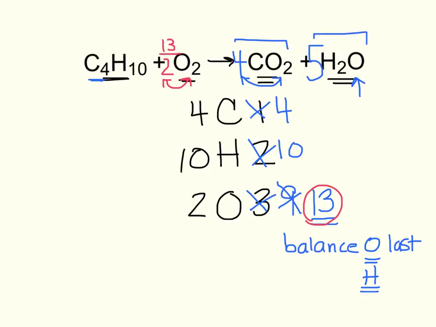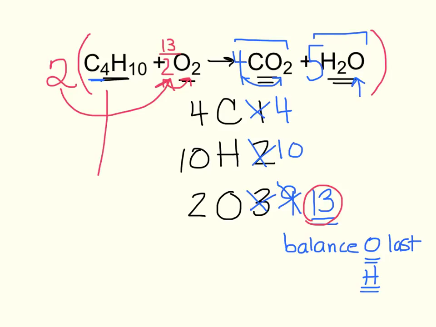Now, you can't leave it this way. So the easiest way to now take care of everything is this. We're going to multiply the entire equation by 2. We're going to double everything. By doubling everything, when you multiply 2 times this number, it's going to get rid of the fraction. And you'll get a whole number equation.